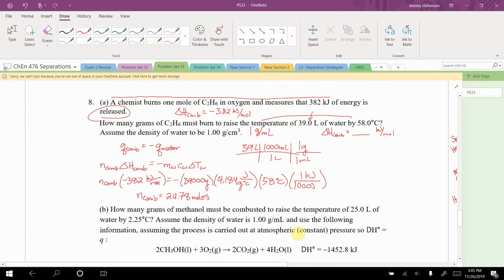I think, how many grams? Yep, so I've got to divide by the molar mass. Oh, I got to multiply by the molar mass. My mistake.